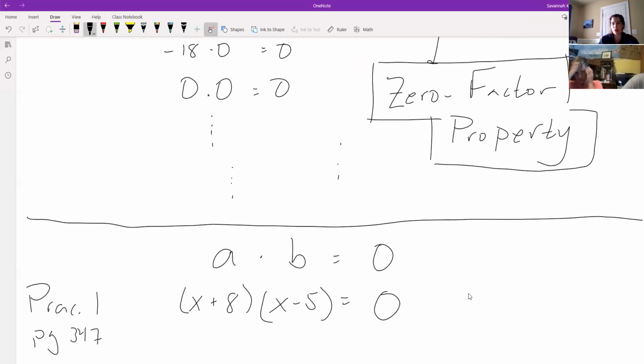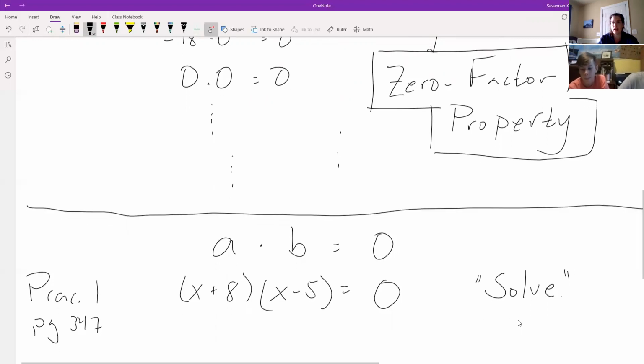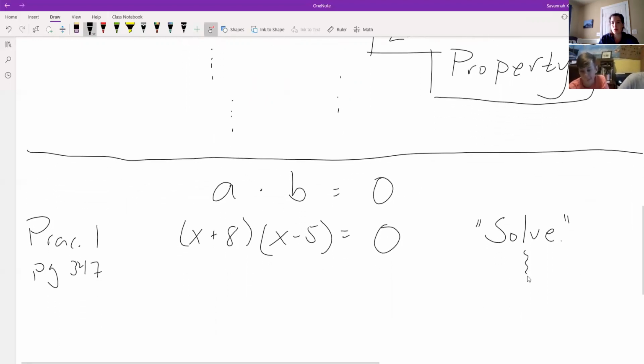And the directions on a problem like this will be solve. Okay, we haven't seen that type of directions in a while. Our directions have all been factor, and it's been a few sections. In fact, I think it was back in a previous chapter, like chapter 4, where we had to solve something. Solve in algebra means you work the problem down to where you have x equals something.